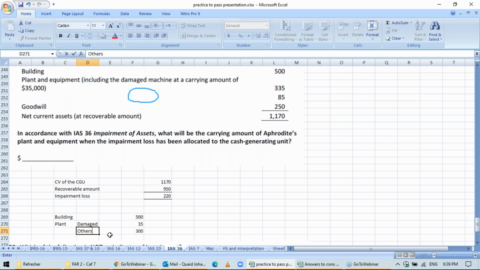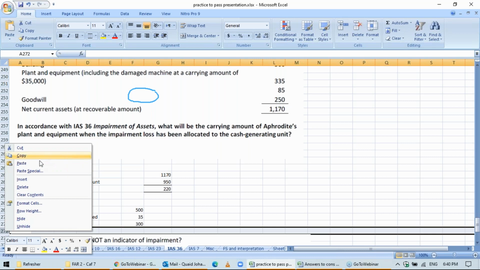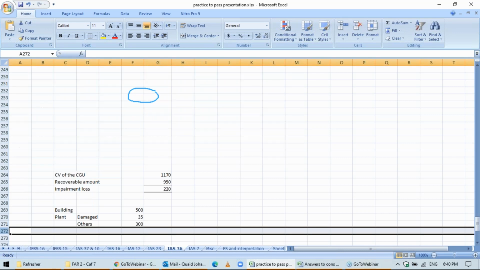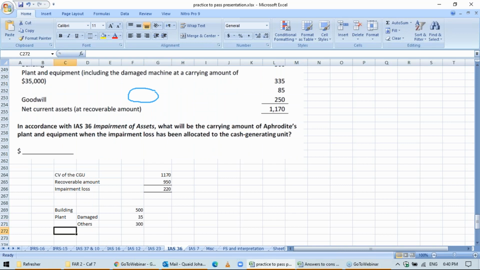So there are two plants totaling 335,000. They have mentioned it over here. You can read the bracket adjacent to the plant and equipment, which shows that there is a plant of 35,000 which has completely been damaged.